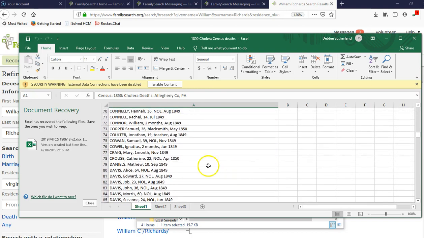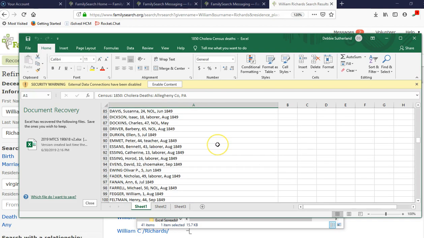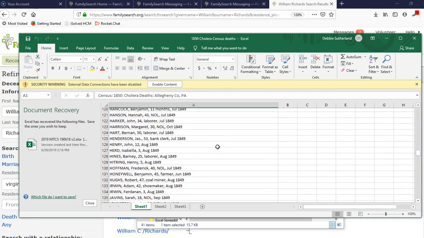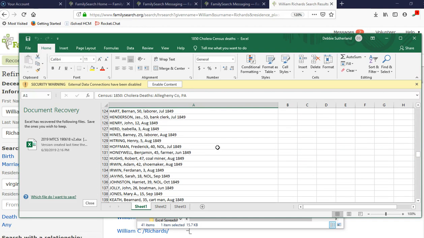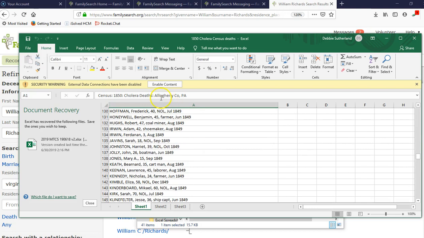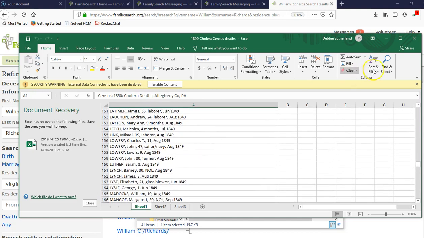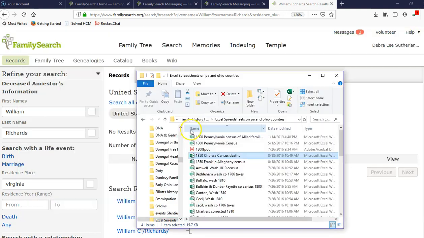In fact, that one right there is showing April of 1850, May of 1850. So it's including anyone that died of cholera at that time. And this is in Allegheny County, Pennsylvania. So pretty sad, but at least they recorded it, so we can at least find our ancestors.